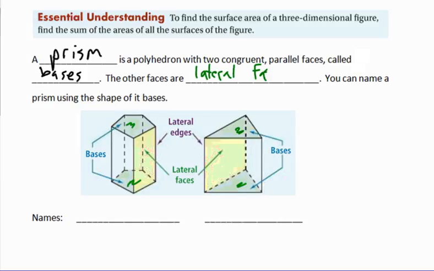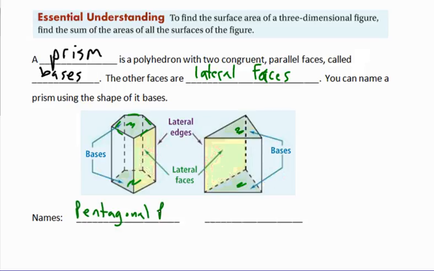And sometimes you just want to find the lateral surface area. You just want to find that part around it. So that would be part of finding the area, or the lateral surface area. You can name a prism by using the shape of its bases. So if you look at the first one, that has 1, 2, 3, 4, 5, so it is a pentagonal prism because it forms a pentagon.